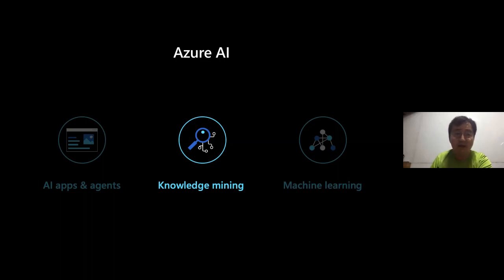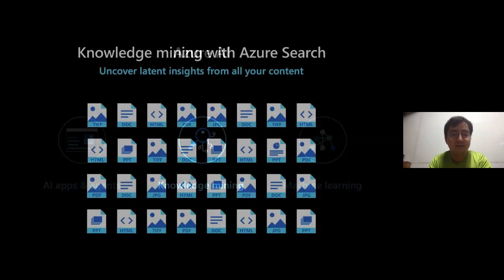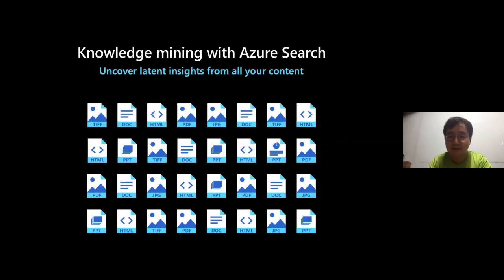And the second part I want to explain is knowledge mining. Knowledge mining is to find insight from lots of scattered or unstructured data, for example, forms, PDFs, contracts or images.